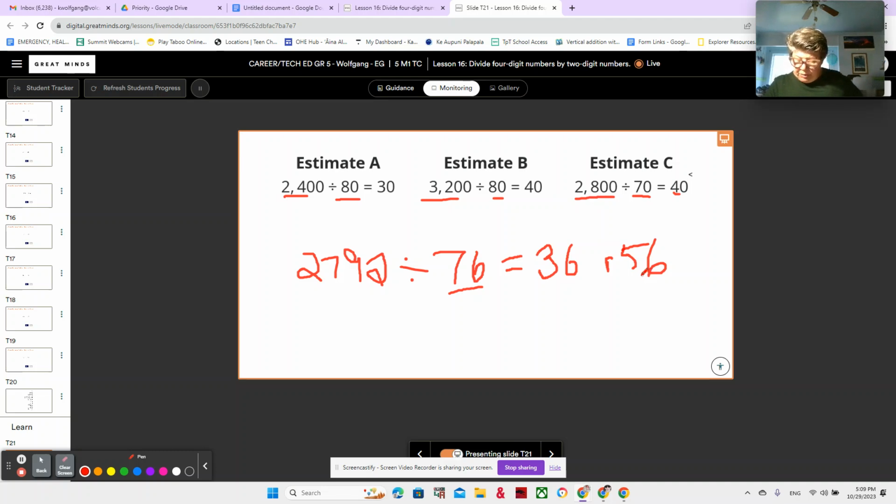The numbers we choose for making estimates are personal choices and vary from person to person. The quotient 36 is between 30 and 40. We knew that the quotient would be at least 30, right? All right. Nice job. Just talking a little bit about estimation because it's very important for division, isn't it?